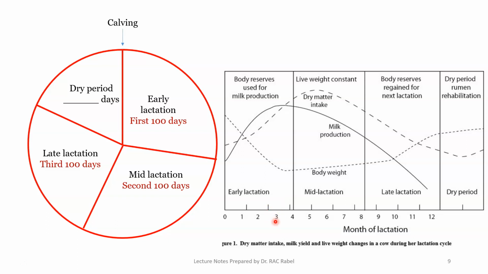According to this graph, peak lactation takes place somewhere around 2.5 months. 1 month, 2 months, 2.5 months, which is about 10 weeks, so 8 to 10 weeks.